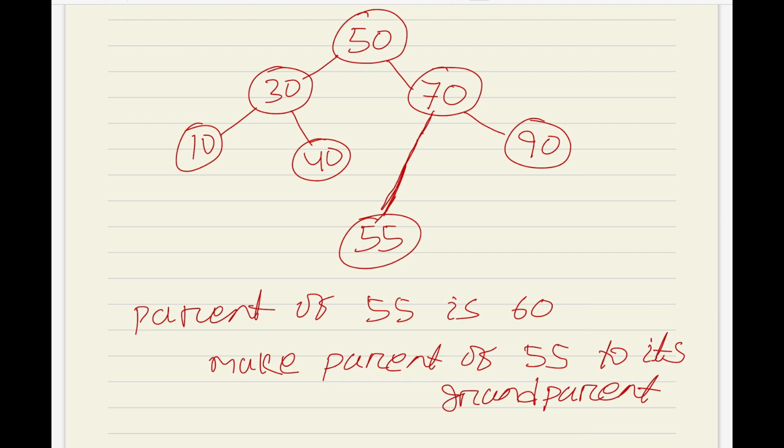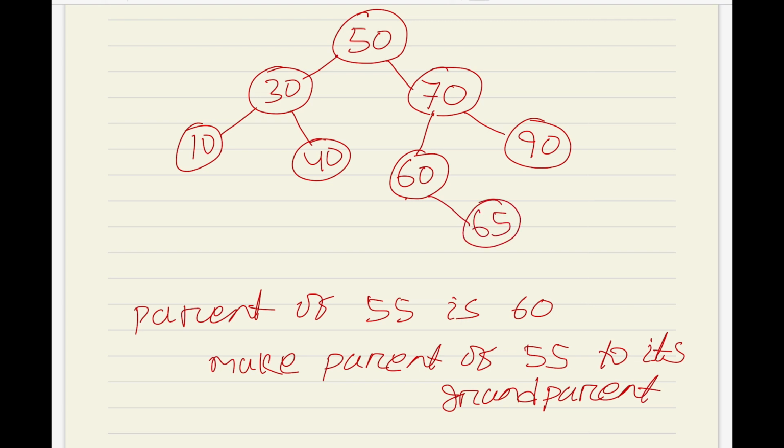Now consider one node that has only one right child. Here we were considering a left child, so now consider a right child. For a right child also the same situation. Here it is 60 and assume it is 65. Now the parent of 65 is 60. If we want to remove 60, 60 has one child, that is 65.